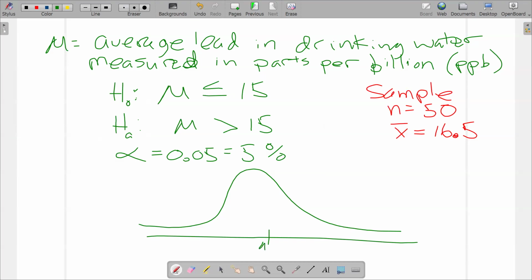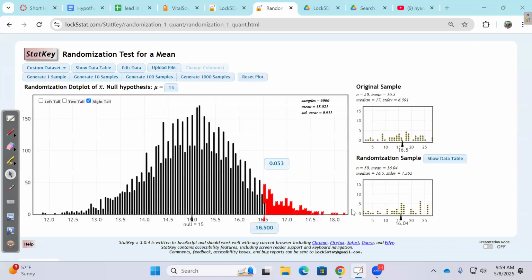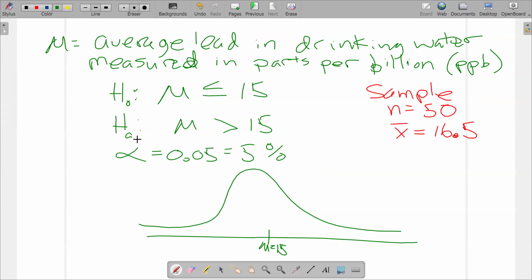So mu equals 15 is the middle of my distribution, and 16.5 is kind of far out to the right, not way out there like the previous one we did, right? So that would be, I'm guessing, about here-ish. So that's x bar equals 16.5.